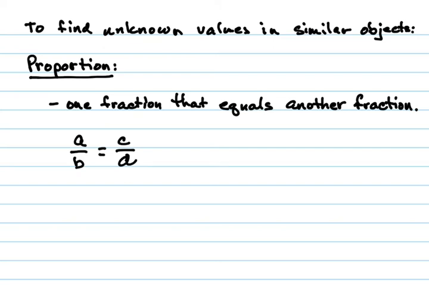Now you can't do it with more than one unknown. You can have only one unknown value. And to solve it, first you're going to simply cross multiply.